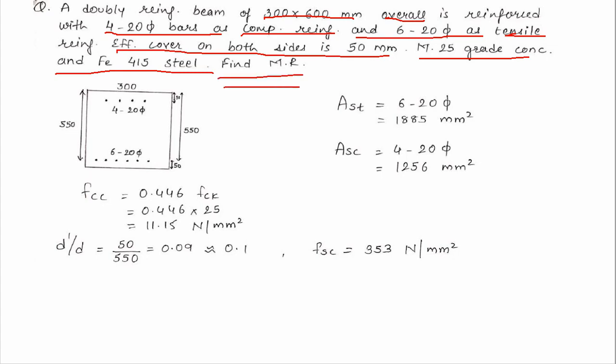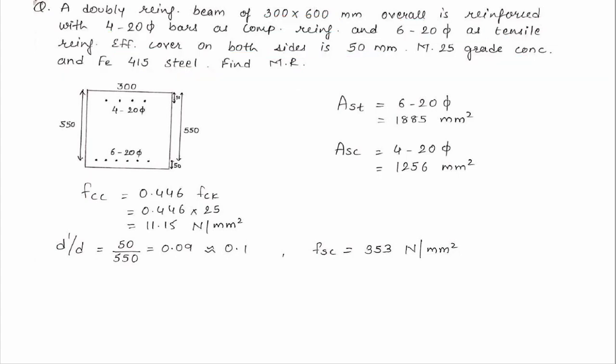The question is to find the moment of resistance, that means we need to find Mu. We already know how to find Mu, but it was in the case of singly RC beam. Now from this numerical onwards we will be solving doubly RC beams. The analysis portion will be the same.